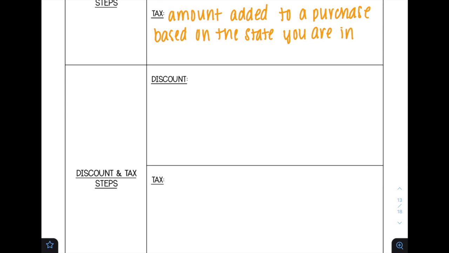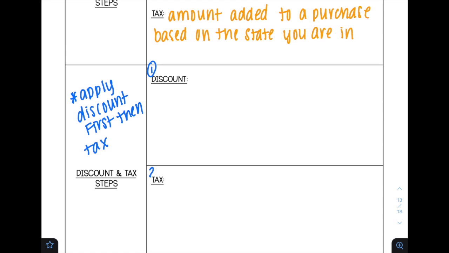When you're dealing with discount, you want to make sure that you're applying your discount first and then tax. So that's something important to remember. Apply discount first, then tax. Okay? So think of it as step 1, step 2.